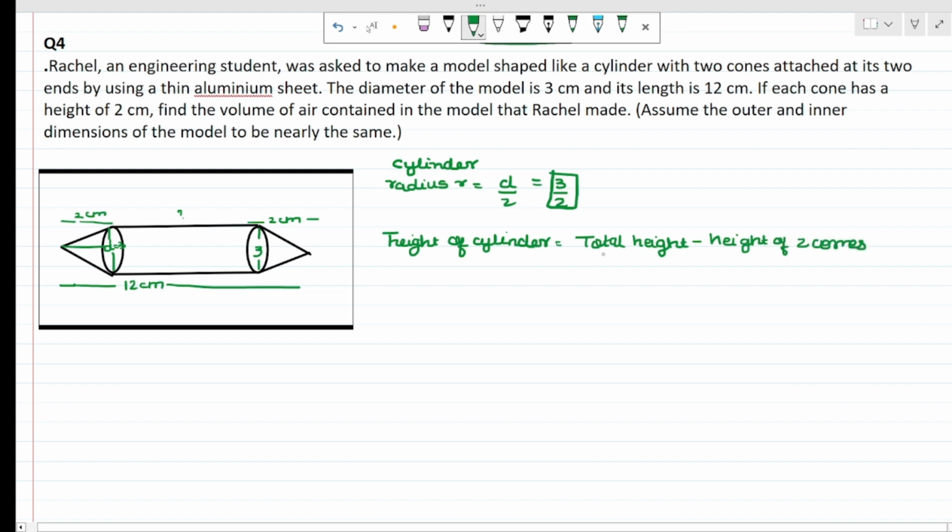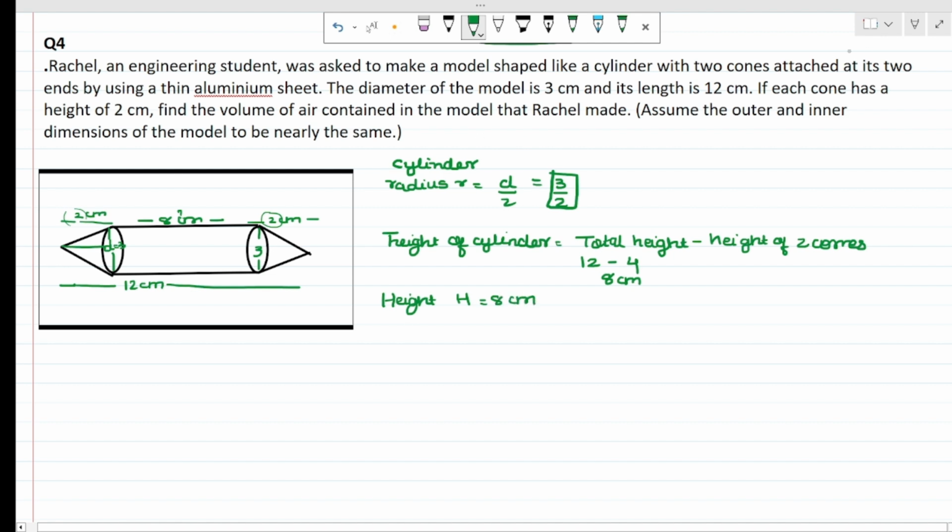The total length given is 12 centimeter minus 2 plus 2, which gives 4. Now 12 minus 4 is 8, so the height of the cylinder is h equals 8 centimeter.